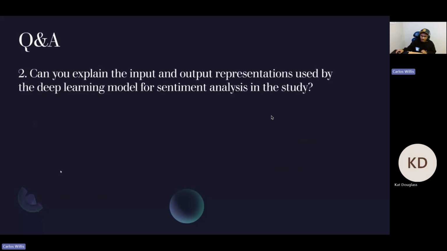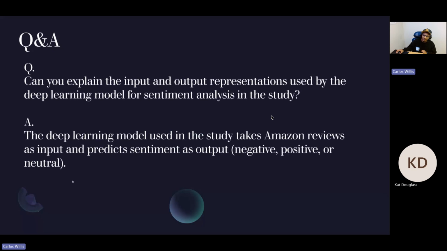Okay, thank you. I will read question number 2. Can you explain the input and output representations used by the deep learning model for sentiment analysis in the study? Answer: The deep learning model used in the study takes Amazon reviews as input and predicts sentiment as output, meaning negative, positive, or neutral.